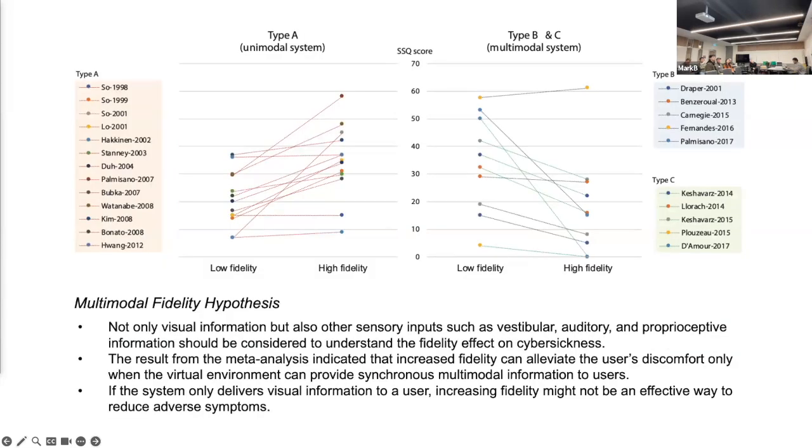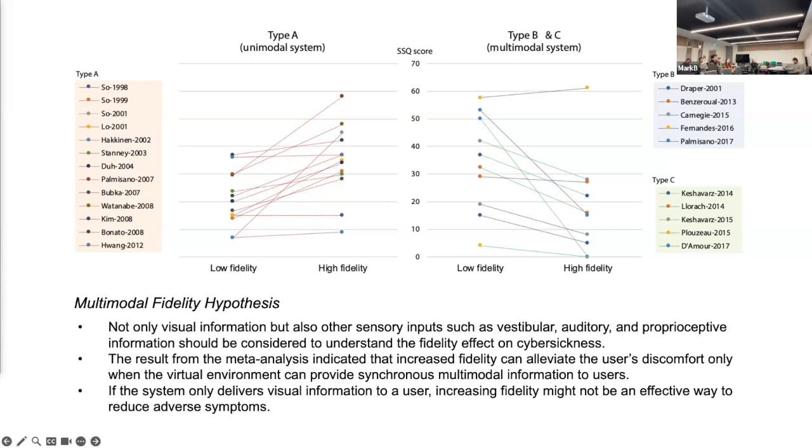And after all those surveys, what I found interesting is that not all approaches to improve the virtual environment necessarily cause lower cybersickness. So I want to explain this graph. Each line means one single study.